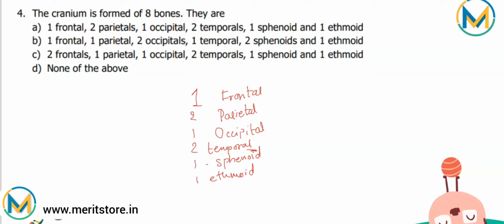Only temporal and parietal are present as a pair. Rest all are a single unit.